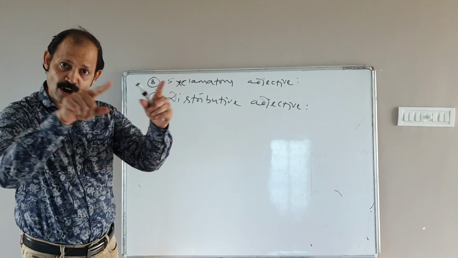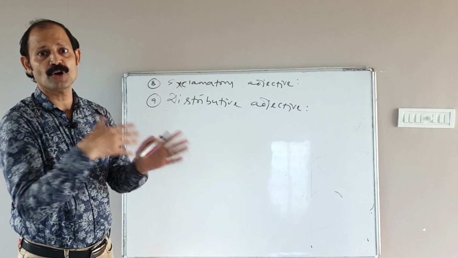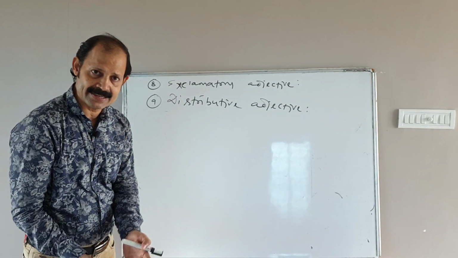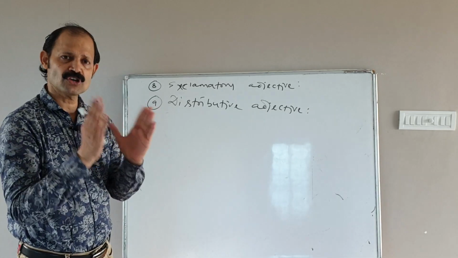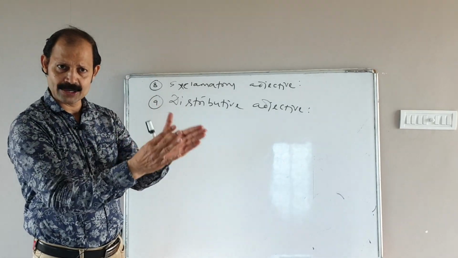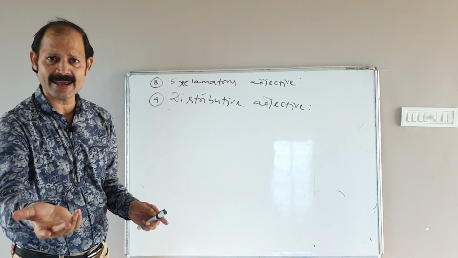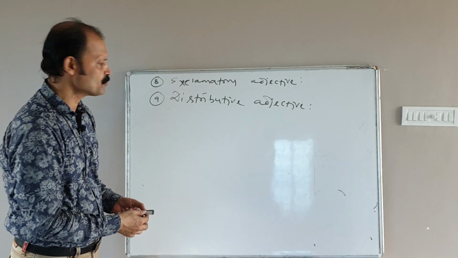If they occur in a noun phrase, such words followed by a noun, then they are adjectives, distributive adjectives. And if such words are isolatedly used, singly used without being followed by a noun, they are pronouns, distributive pronouns.